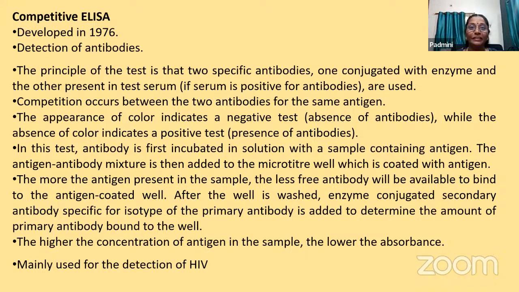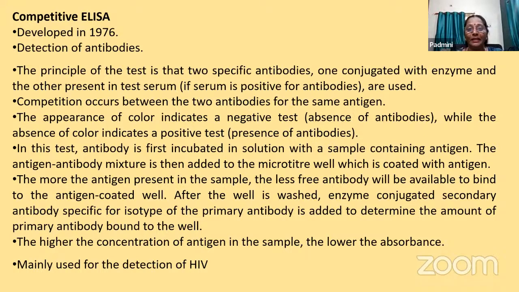When you see the procedure, you will understand this. But remember that appearance of the color indicates a negative test because there is absence of antibodies. When do you have antibodies? When the person is affected with that antigen, your body is going to produce antibodies. Clear?